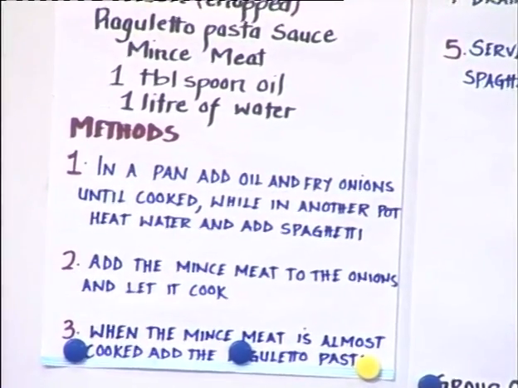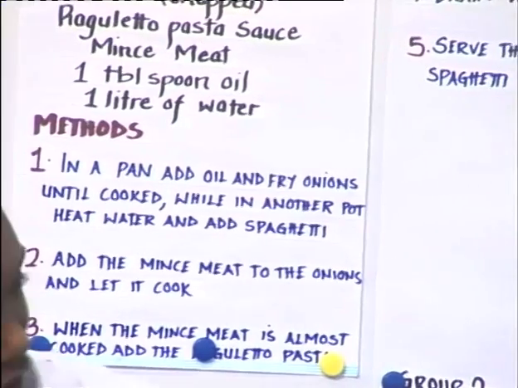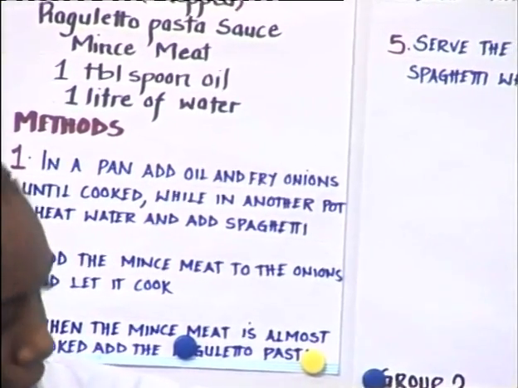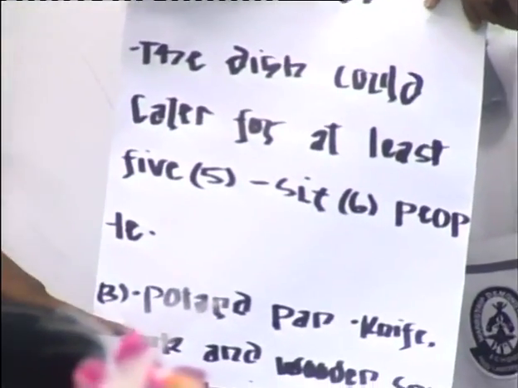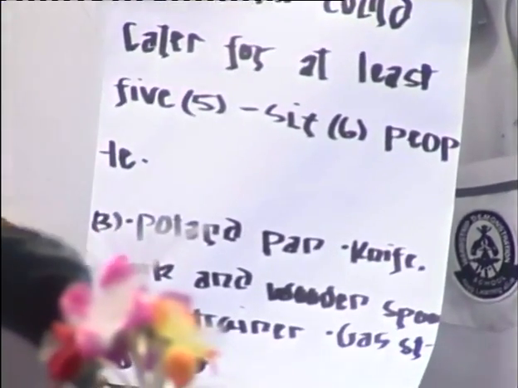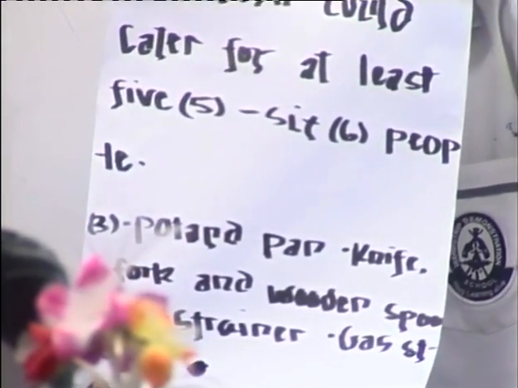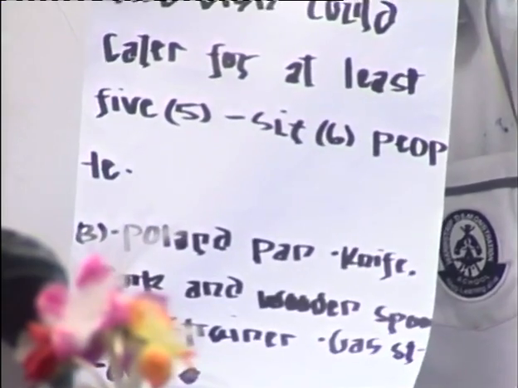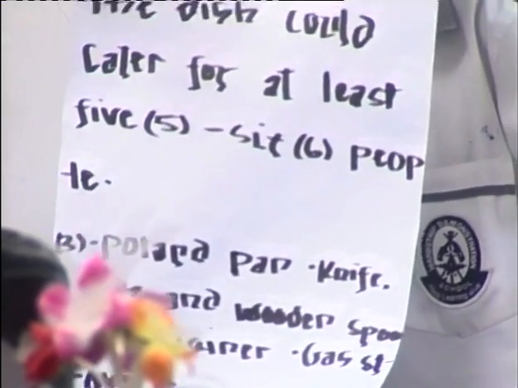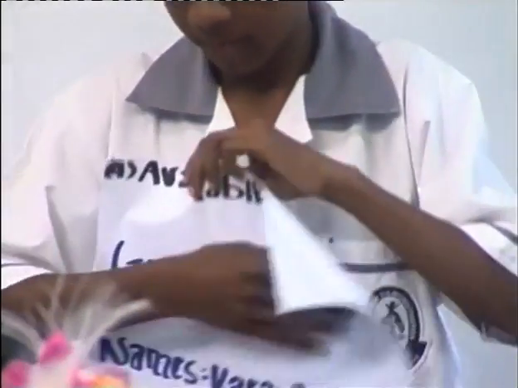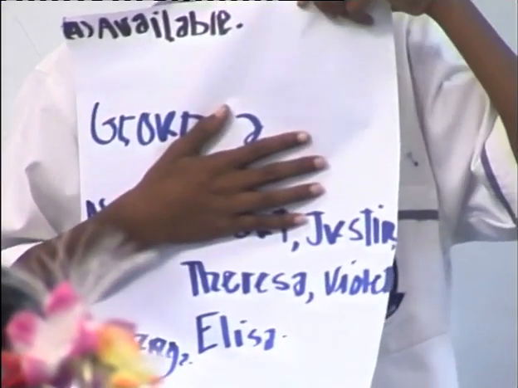And the family size, the dish could cater for at least 5 to 6 people, and the resources and facilities are stated here. We need pots and pans, knife, fork, wooden spoon, a strainer, and a gas stove. Good. And for the 4th factor, all our resources and facilities are available. Very good. Thank you.